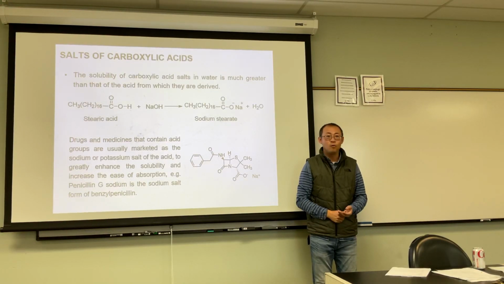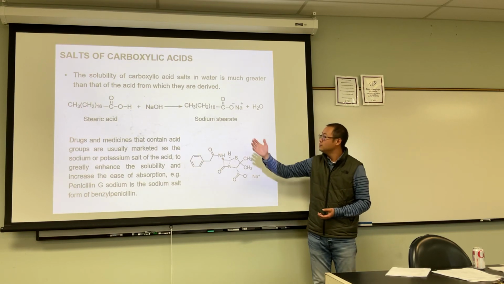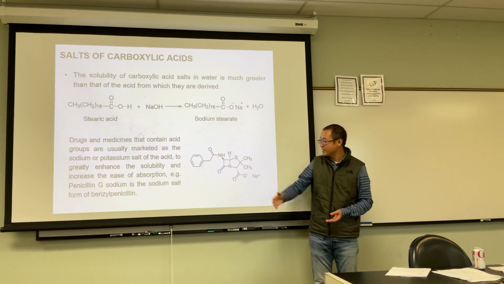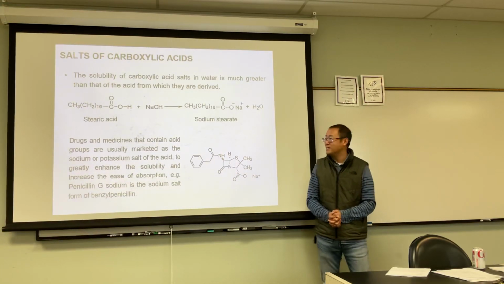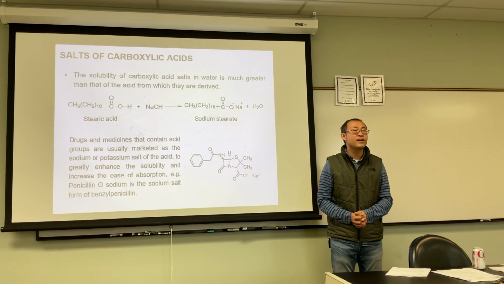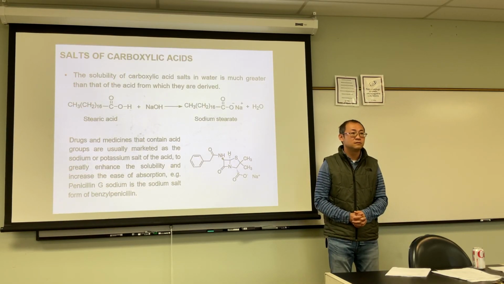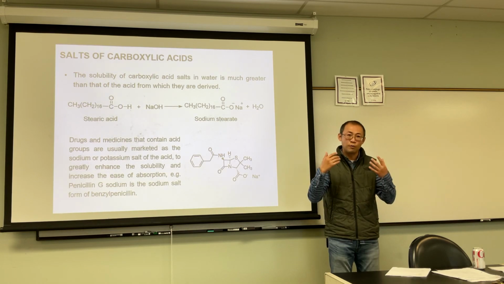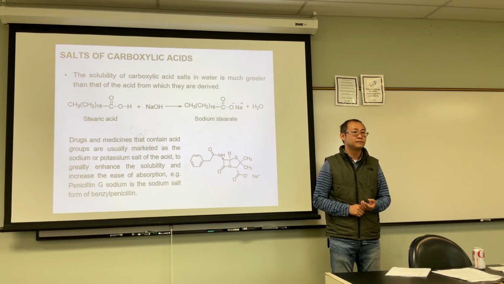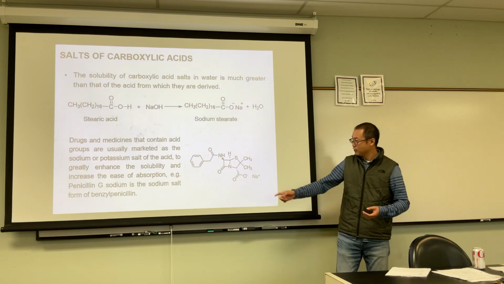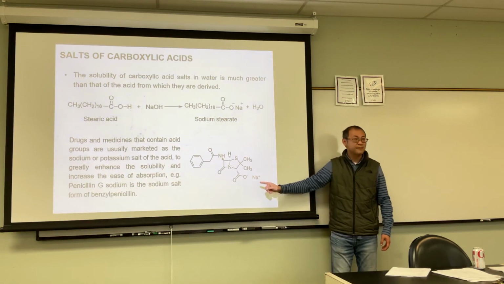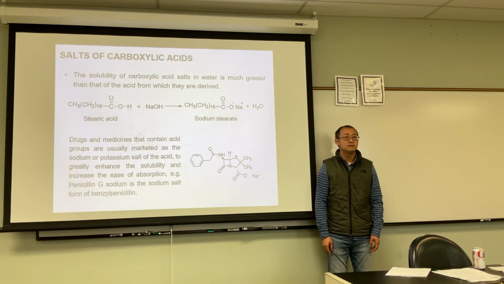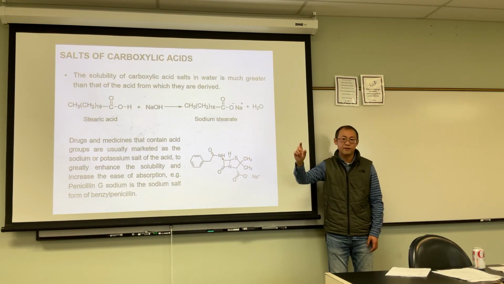That's why a lot of the pharmaceutical industry is doing this type of reaction. One example I'm showing here is the structure of penicillin G, a very commonly used antibiotic. You can use it orally, but you can also use it IV. Take a look at the carboxyl group: COO minus Na plus.